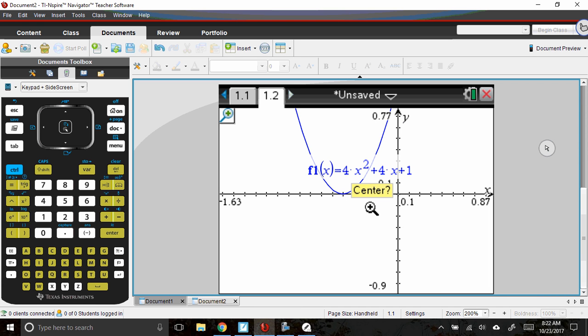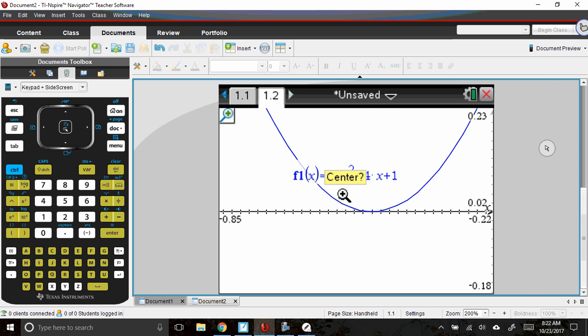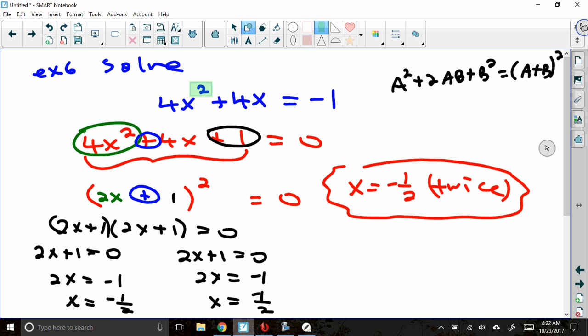Do be aware that the solution is x equals 1/2 or negative 1/2. It's because the graph is tangential to the curve, and we'll talk more about that again in chapter 5, like I said. So you might want to make a note somewhere.